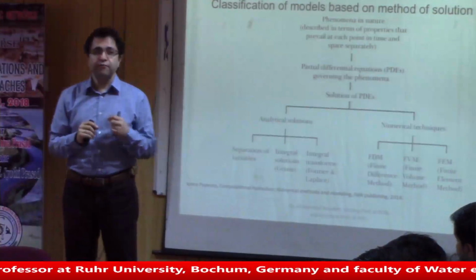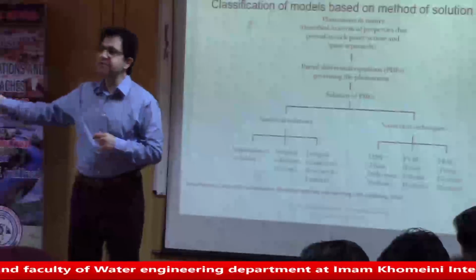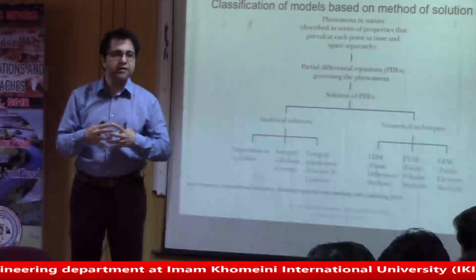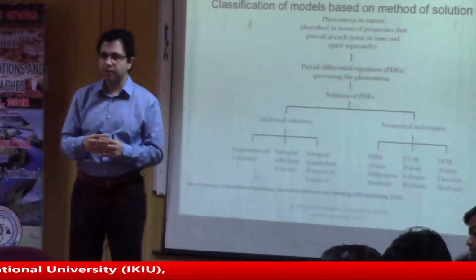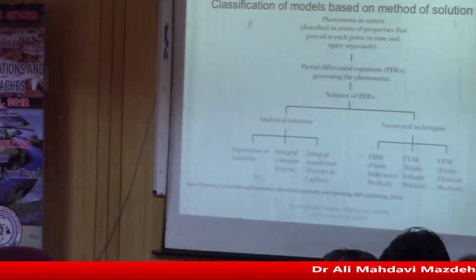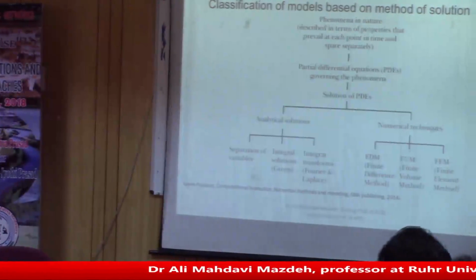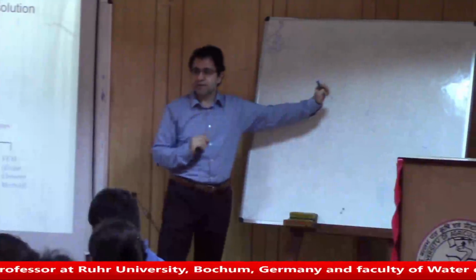But when we want to do a numerical method, we cannot consider this as a continuum system, like this curve. If you consider it as a continuum, then when you reach this curve, you have a lot of pixels.